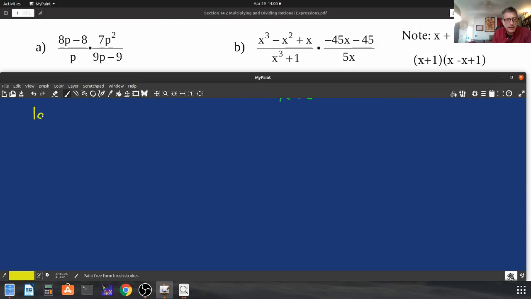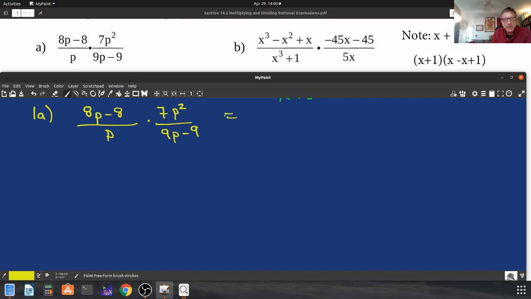I have (8p minus 8) divided by p, times 7p squared over (9p minus 9).